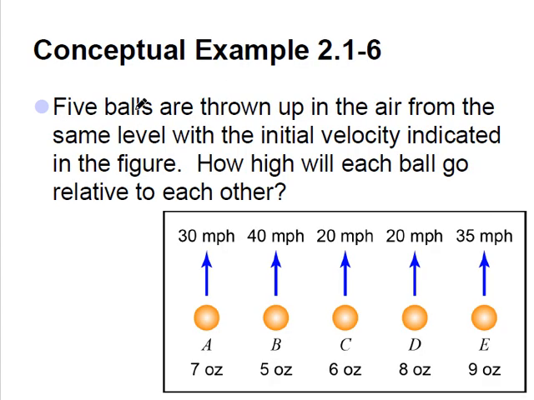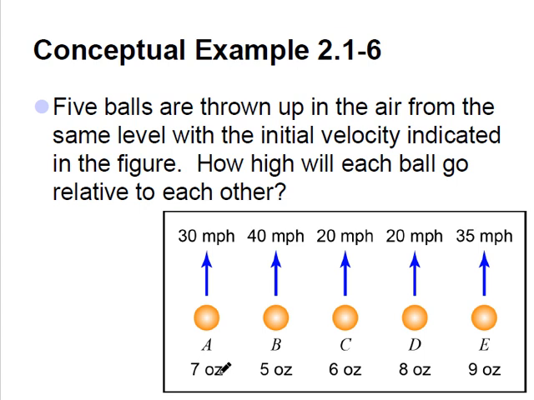Now we're on conceptual example 2.16, and I'm going to go ahead and explain that to you. Here you have 5 balls, and they are thrown up in the air from the same level with the initial velocity indicated in this diagram.